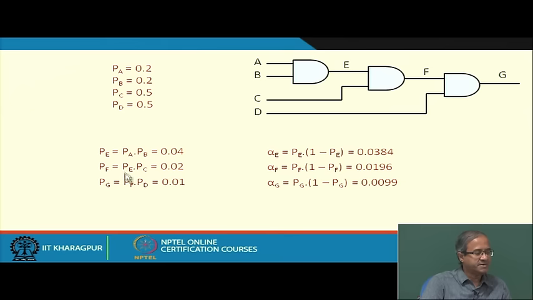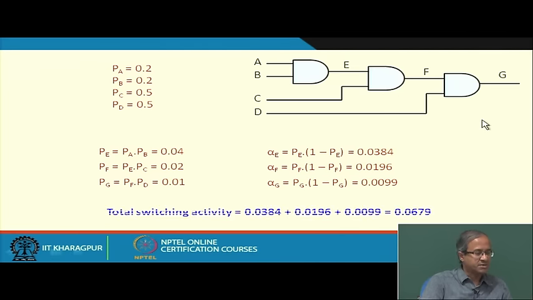Alpha F similarly will be this, and alpha G will be this. For this circuit, if you add up the signal activities, the total switching activity will be 0.0679, for this kind of alternative.